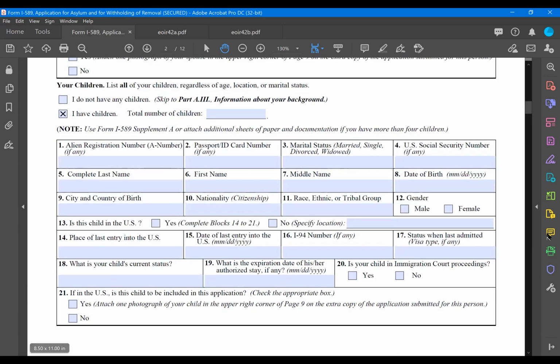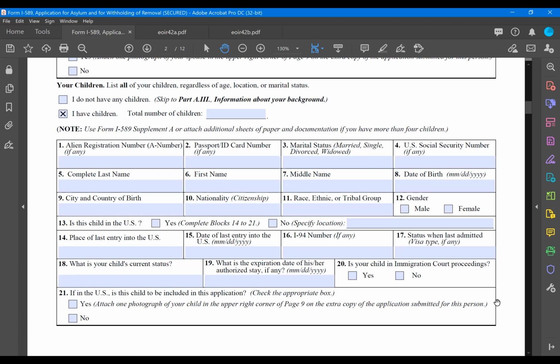So most of these questions are the same as above. And similarly, you can include minor children, children under 21, in the application. Look at the consultation notes, ask the attorney if you need to. But a lot of the time, if they have children without permanent status, they're going to include them in the application. Sometimes we'll also be doing a separate application for the included spouse or the included children.